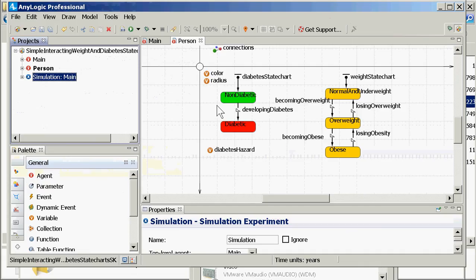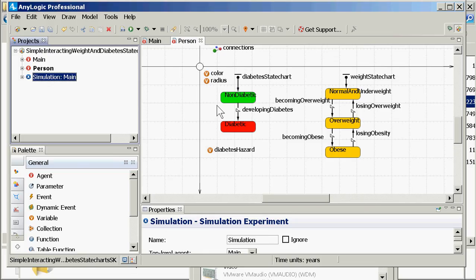Now, of course, we can put in place the opposite feedback. Once someone has developed a chronic condition, suppose heart disease or chronic congestive heart failure, a later stage chronic disease might affect their physical activity levels and by extension their weight, and so we could have interactions the other way.